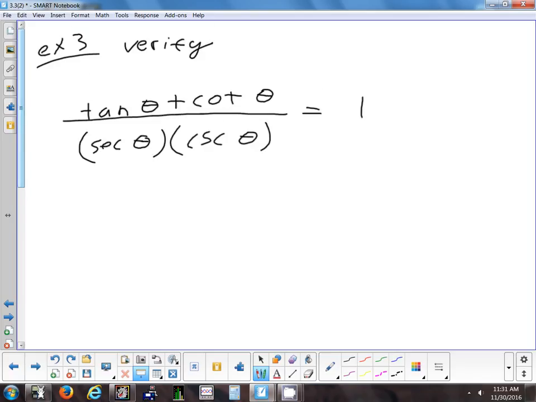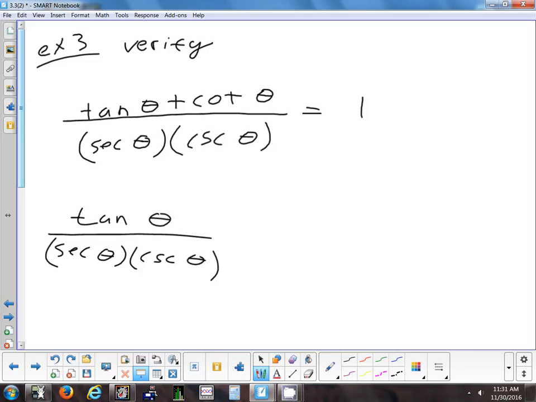So we'll take the first piece and put that over the denominator. Plus, and now the second piece, and put that over the denominator. Now, I'm not sure, in fact, if I've ever tried it this way.